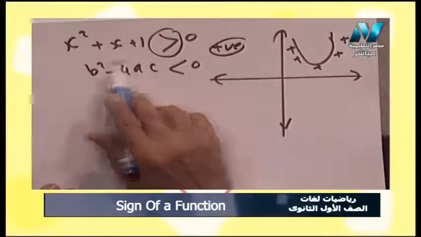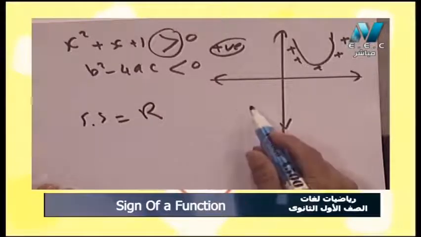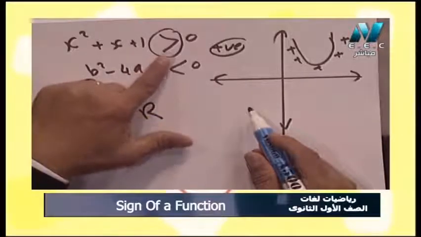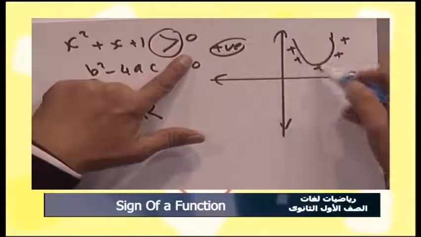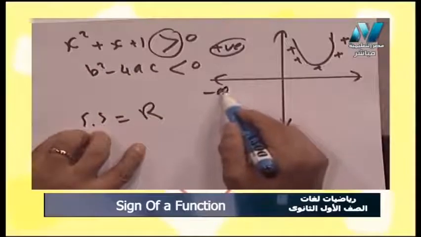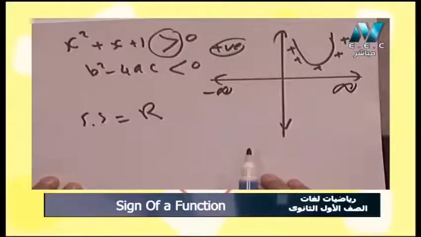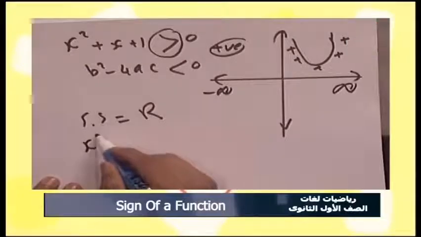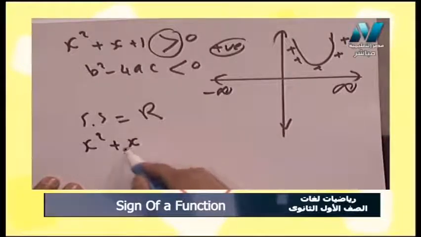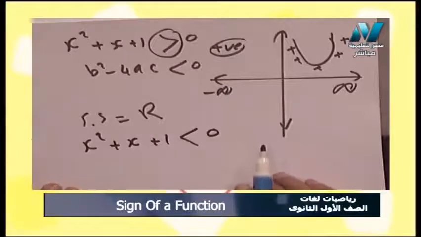This inequality, its solution set will be R. Why? Because we would like to find out the positive part. The positive part is all the function, so it is positive from negative infinity to infinity, so its solution set is R. But if you ask about x power 2 plus x plus 1 less than 0, the solution will be completely different.